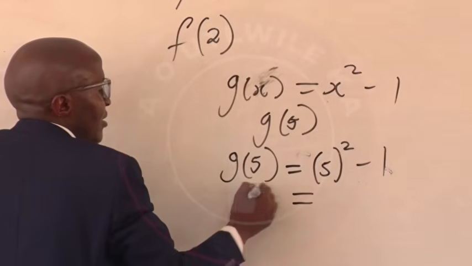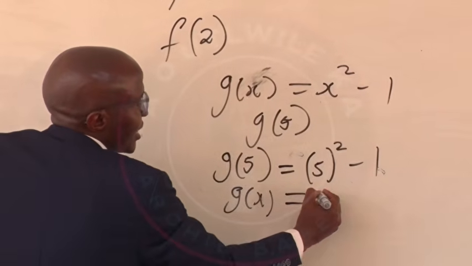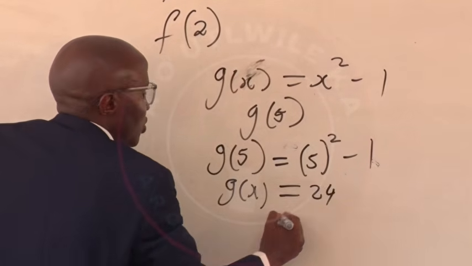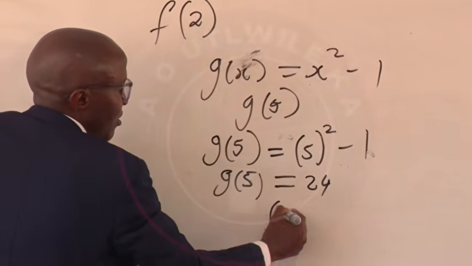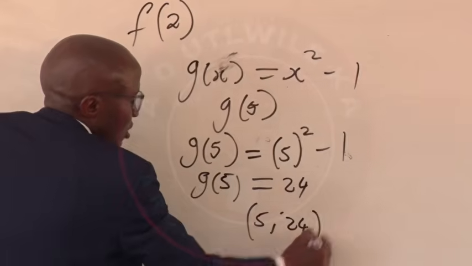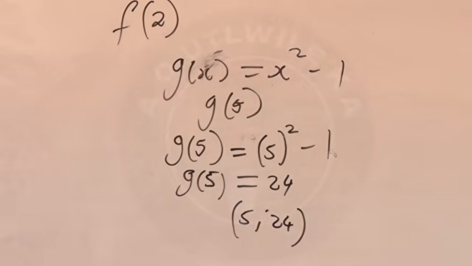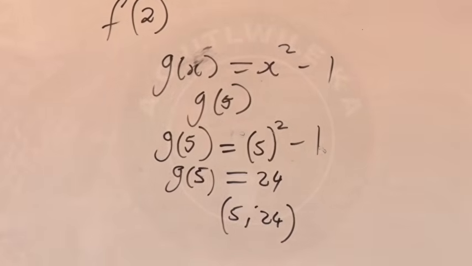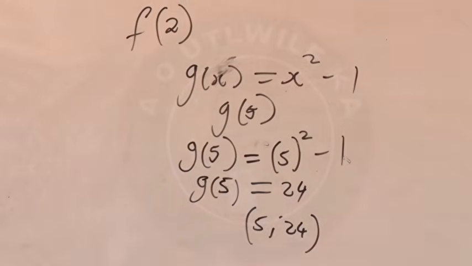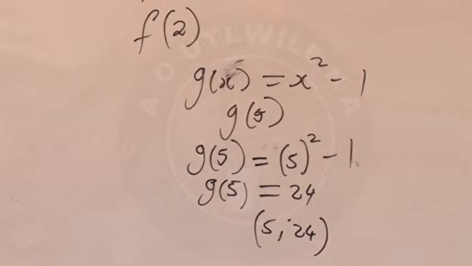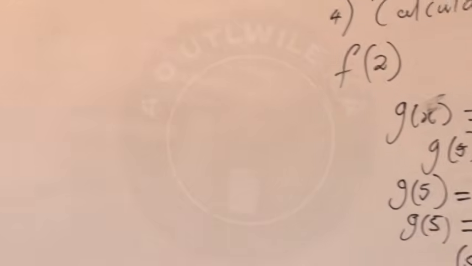Then you will get the answer, which is 24. So we are having 5 and 24. When x is 4, our y value will be 15, and when x is 5, our y value will be 24. Great stuff. Let's continue from here.